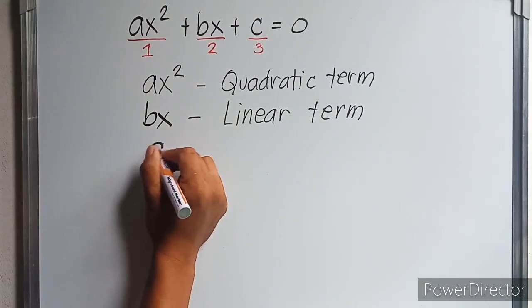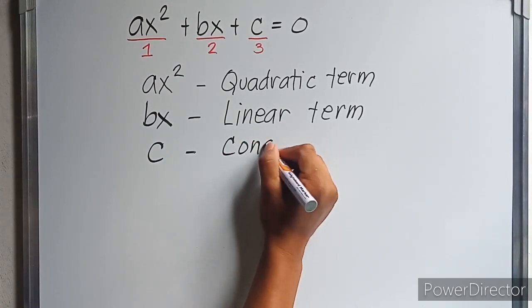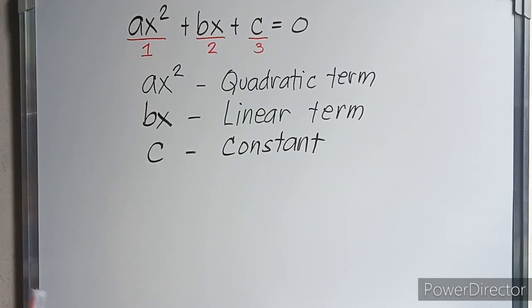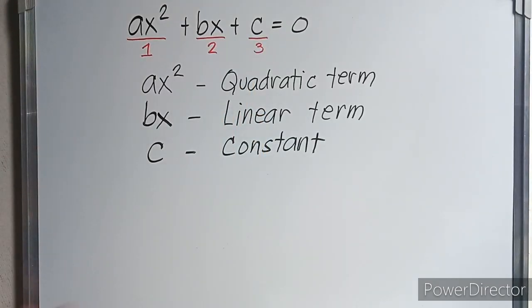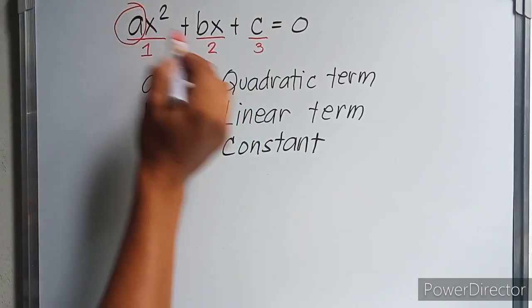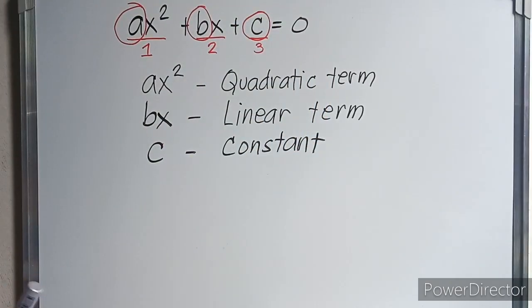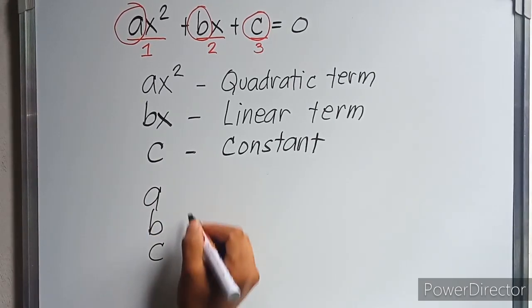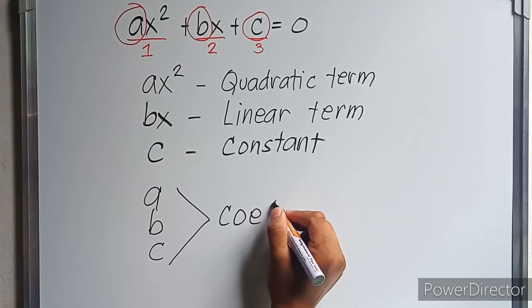And our c, the third term, is called the constant. Also, from our standard form, we have a, b, and c. These are called coefficients.